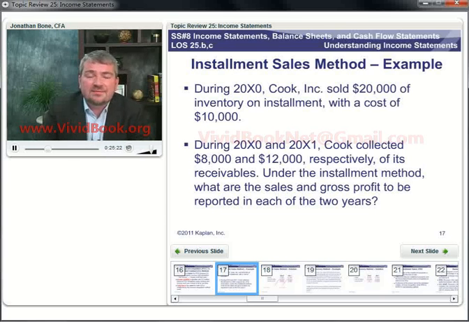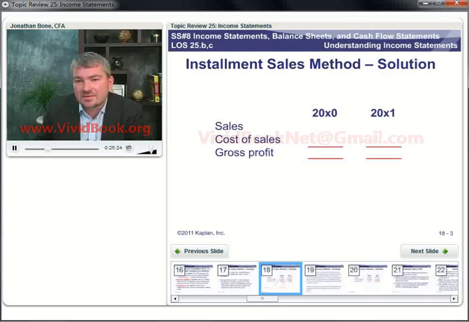Now, it's a fairly straightforward process. The sales figure will just be the cash collected in each year. So you've got 8,000 in X0 and 12,000 in X1. The cost of sales, well, we're going to include the cost of sales in proportion to the cash we've collected to date. So in X0, you've received 8/20ths of the total cash, and as a result, you're going to bring in 8/20ths of that cost of goods sold figure.